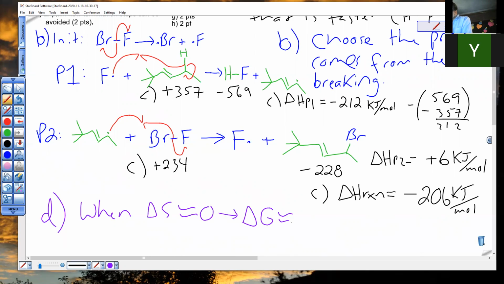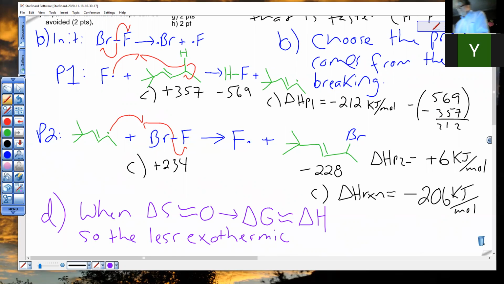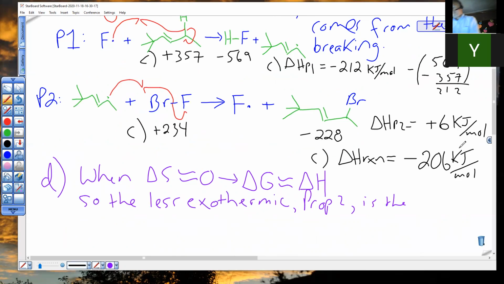Delta G is roughly equal to delta H. If you don't have that there, I'm taking points off, because delta S is often a very important factor. Here you're saying I can ignore it because it's equal to 0 in these reactions. So the less exothermic, which of those two numbers over there, positive 6 or negative 212, is less exothermic? Positive 6. Less exothermic, prop 2 is the rate determining step.